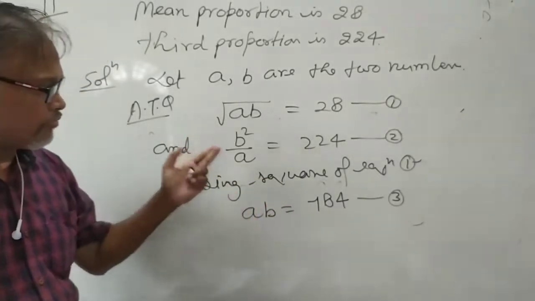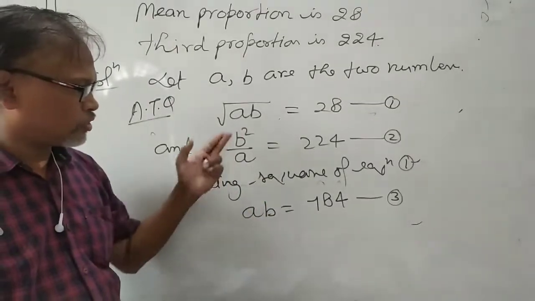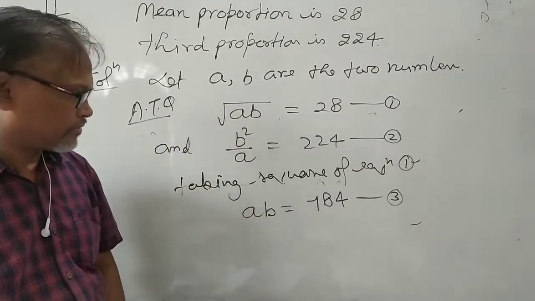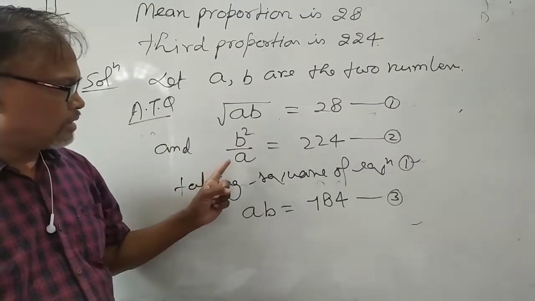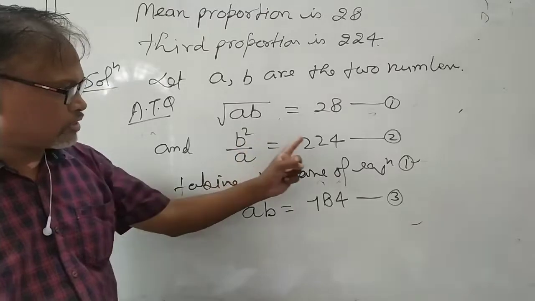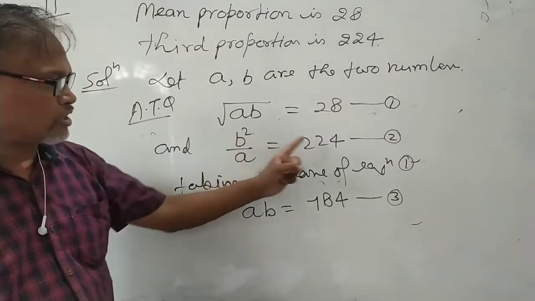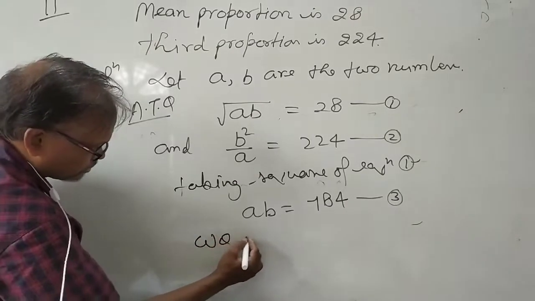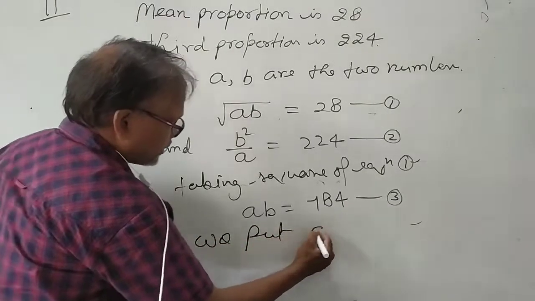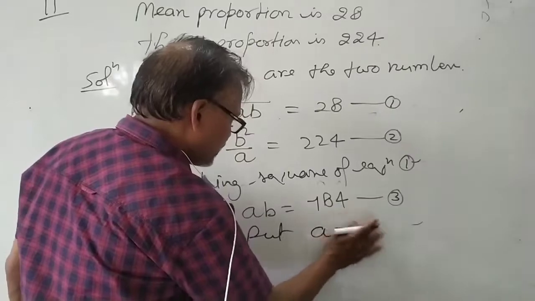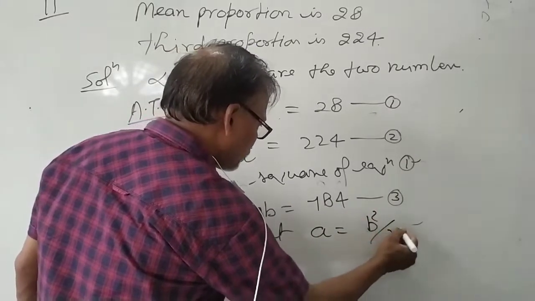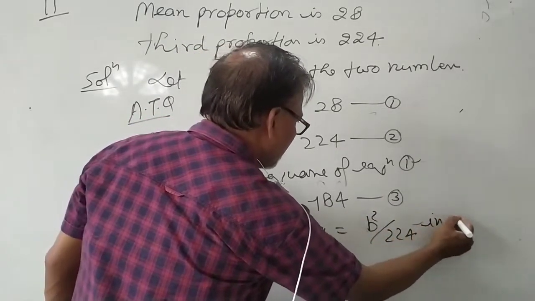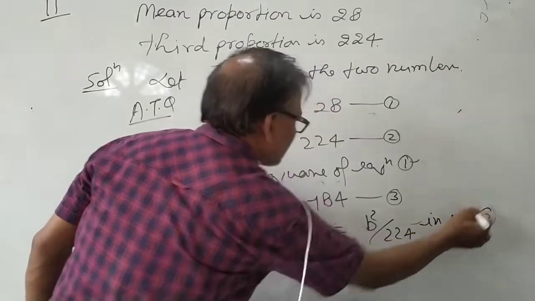Put the value of any variable that can easily be put into the other. For example, the value of a you can put as b square by 224. So when we put a is equal to b square upon 224 from equation 2 into equation 3.